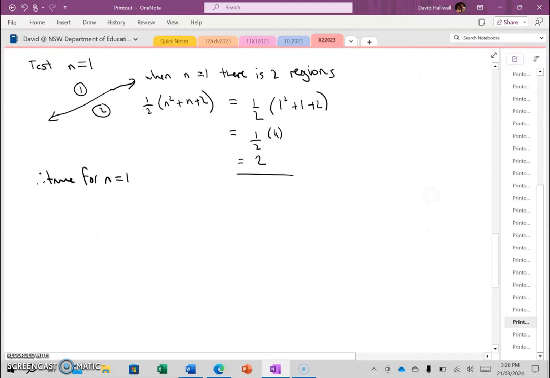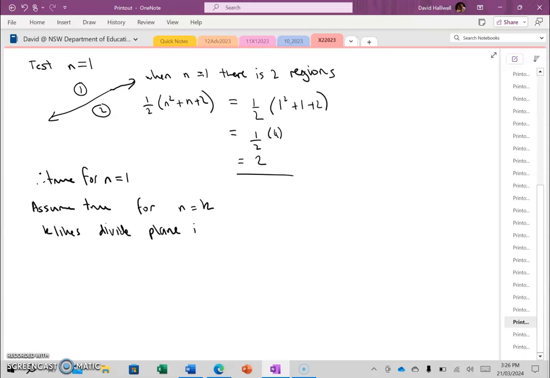Okay, let's assume true for n equal k. So that means that k lines divide the plane into, I'm just changing the n's to k's, k squared plus k plus 2, all over 2 regions.